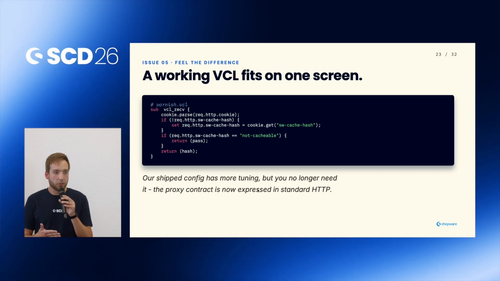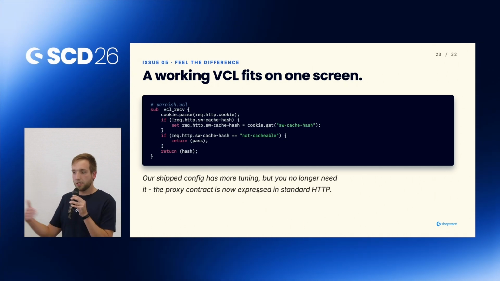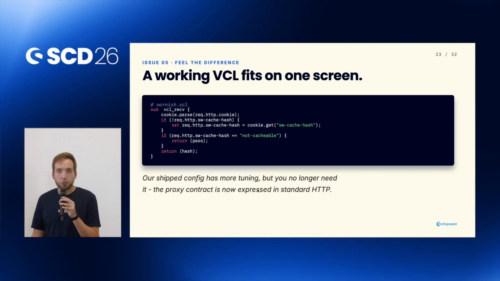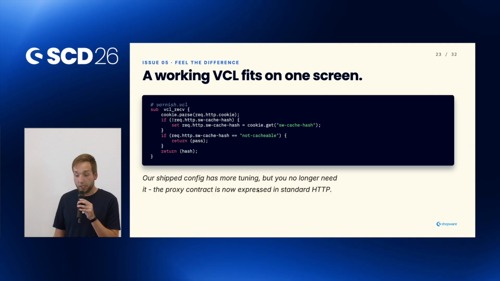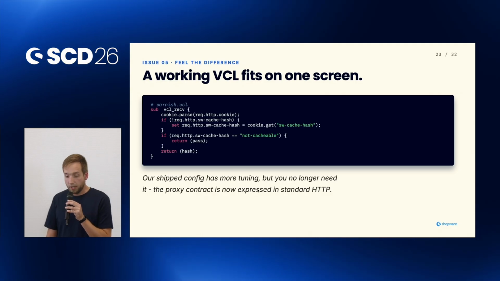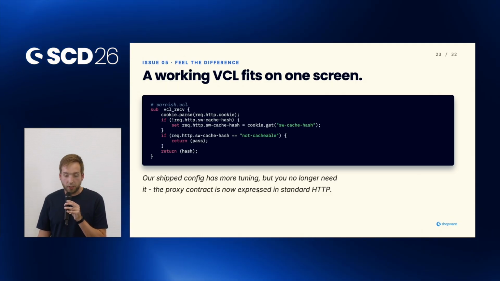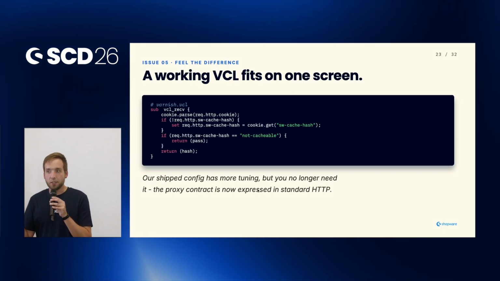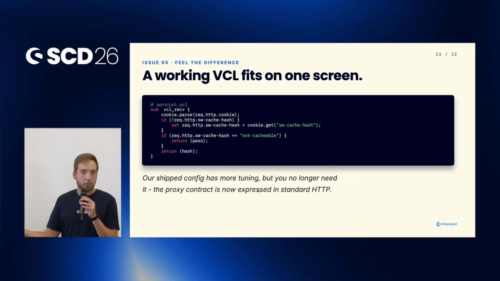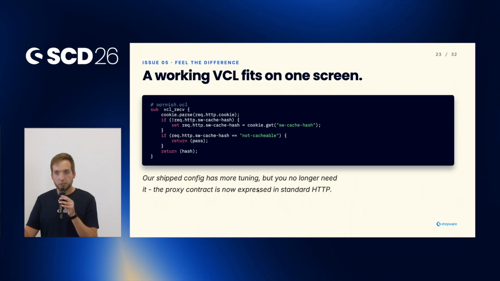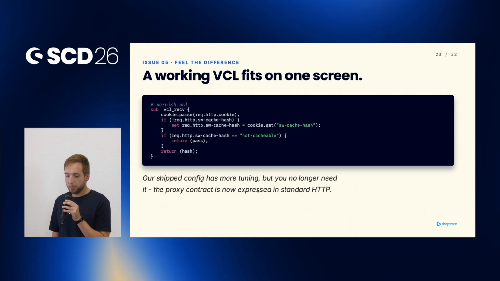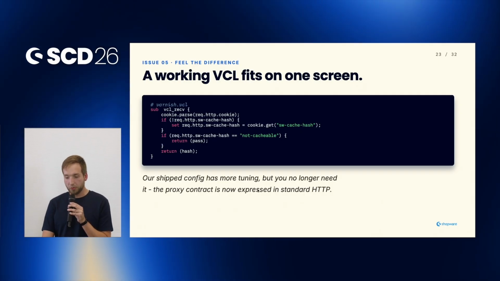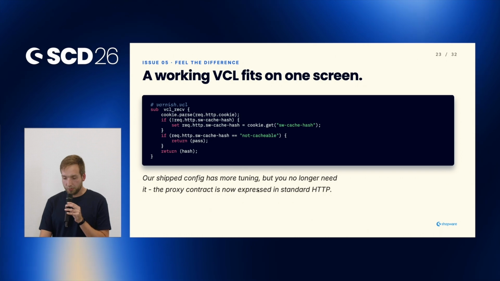That means when your client is a typical browser, it will send the cookie again to the reverse proxy automatically, so you don't need to adjust your client at all. And the second thing is that we have a special cache hash value of not-cacheable. That is when you dynamically opt out and say, for this customer in these circumstances, the cache should be bypassed. You do it that way. So those are the two special cases that were needed.